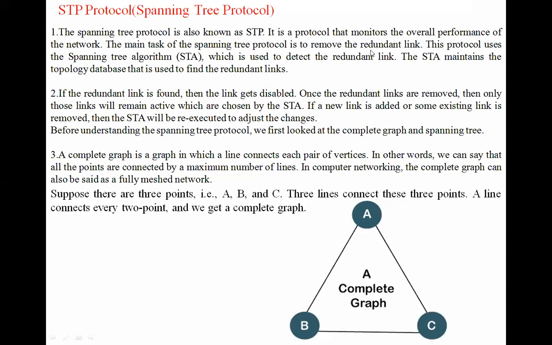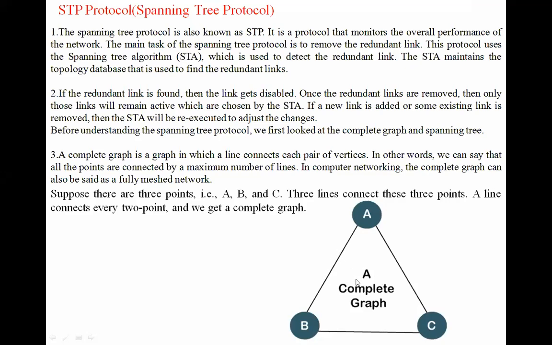A redundant link can be used as an alternate link once this link has been damaged. If a link has been damaged, we can use one more link, called a redundant link. This is not a compulsory link; we use it to make a complete loop.